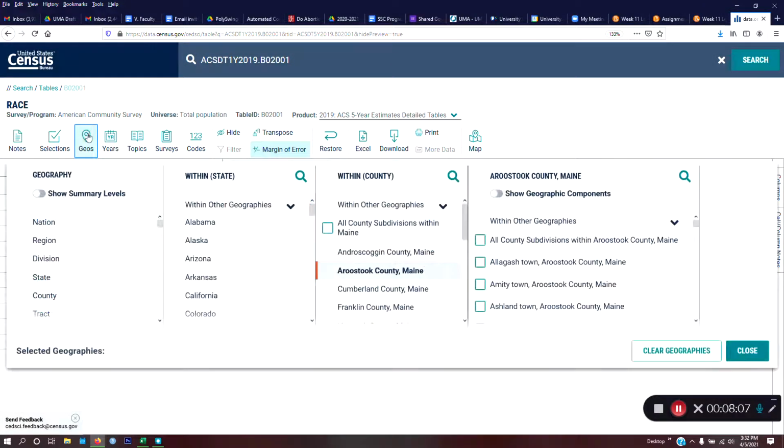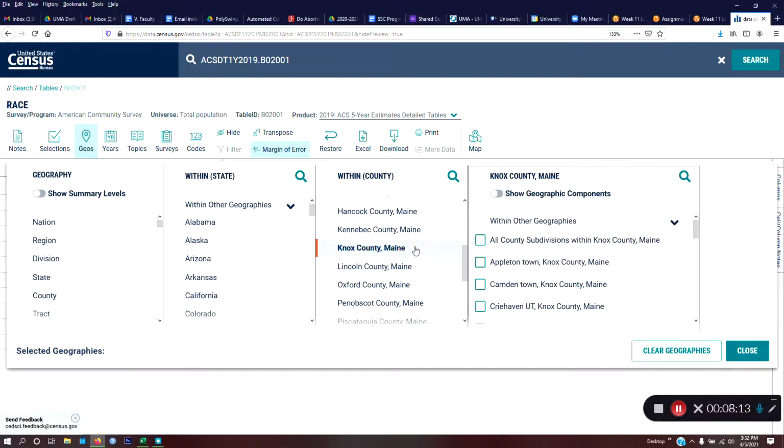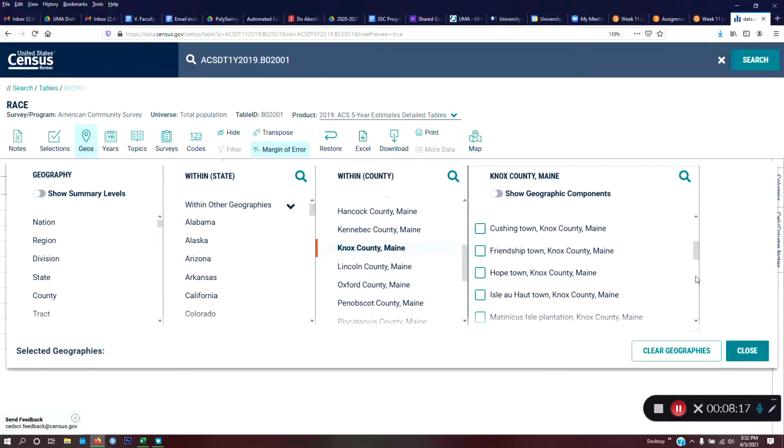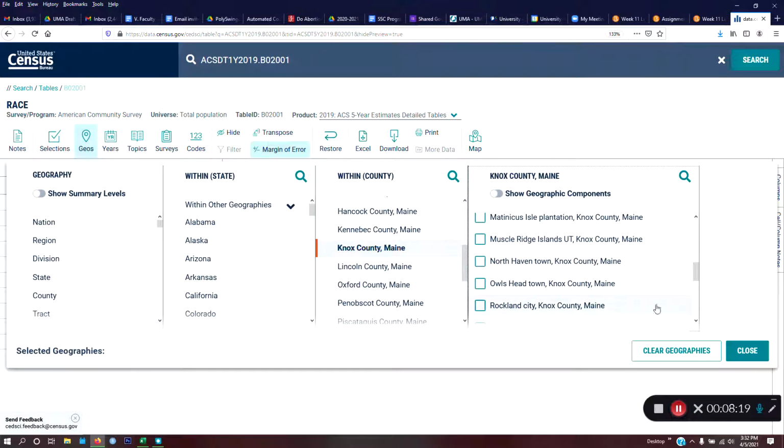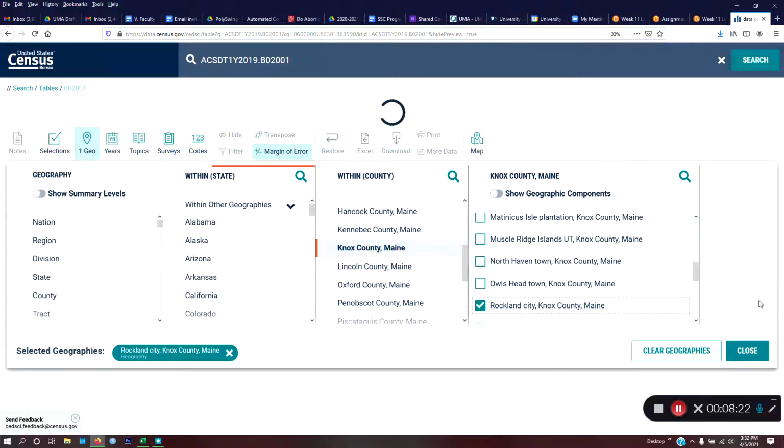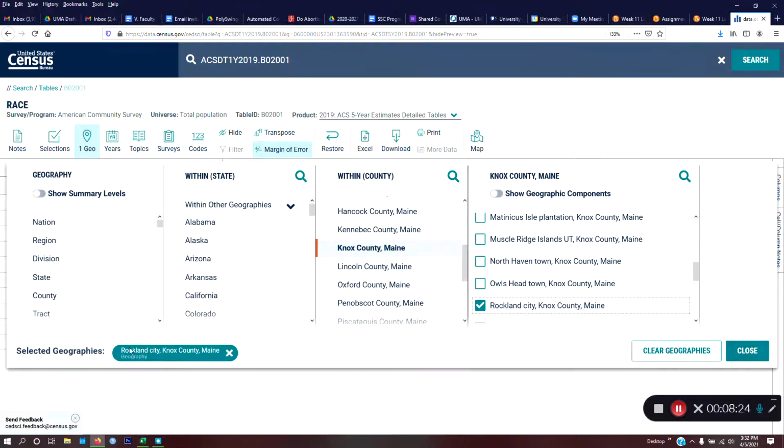And then let's click Geos again. And this time we're not going to search within Aroostook County, Maine. We're going to look within Knox County, Maine, because that's where Rockland is. And then we will just keep scrolling until we find Rockland. Now, we've got that information down there. It's appearing at the bottom of that pop-up window under selected geographies, so we can close.